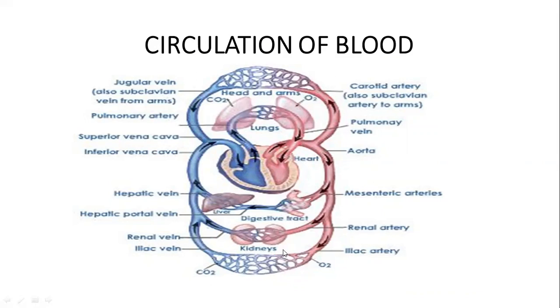Now, when oxygenated blood moves to the different parts of the body, it loses oxygen. Oxygen is gained by the body cells, and then the blood becomes deoxygenated blood. Deoxygenated blood is carried back to the heart by veins. There are two major types of veins, superior vena cava and inferior vena cava.